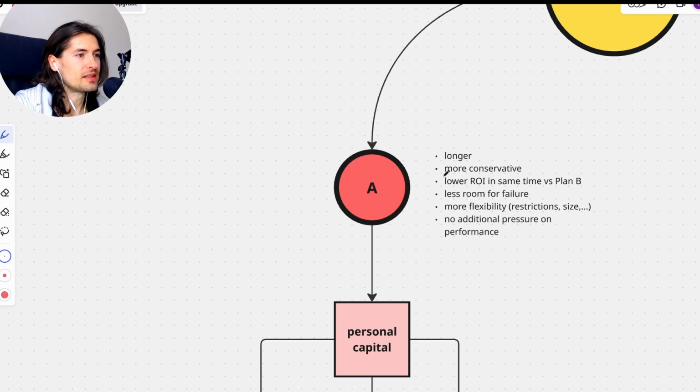I would say this is a much more conservative approach, and compared to plan B it has a little bit lower return on investment. But that doesn't mean this plan is bad, because it's actually way more flexible compared to plan B, which I'll describe later on, and there is no additional pressure on performance. I'm referring to plan B because you have to tweak a couple of things.